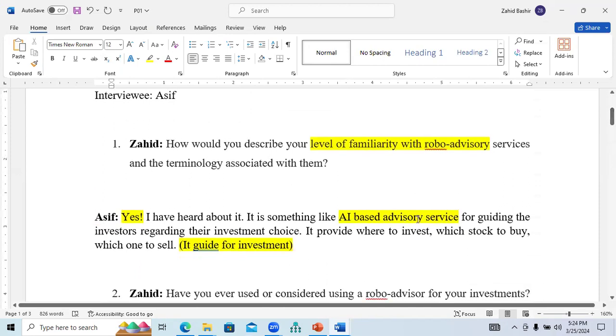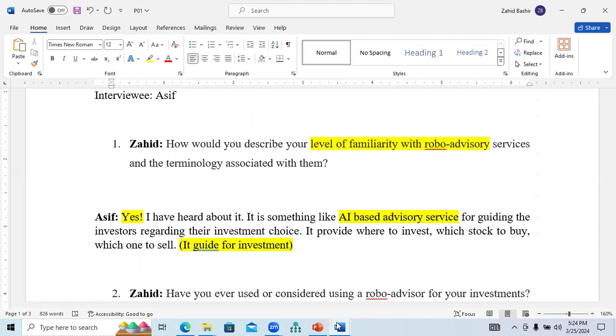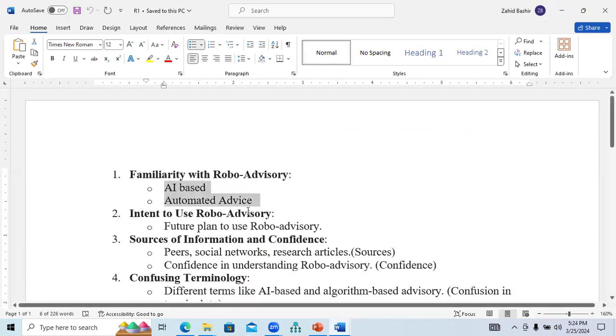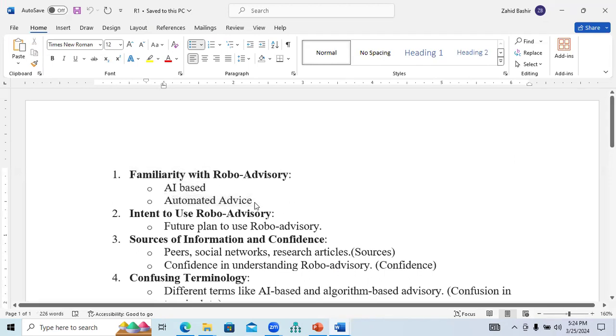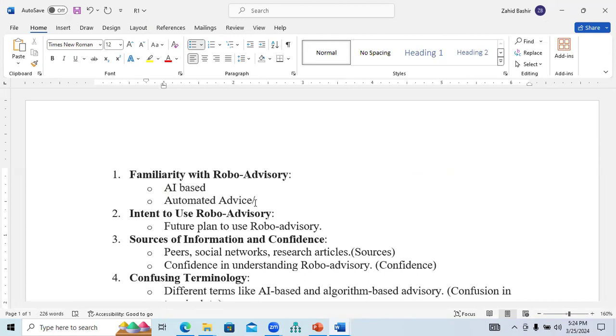It is AI based and it guides for investment automatically because it has given the option of automated advice. So I have generated two codes here from respondent one for my first question: familiarity with robo advisory, AI based and automated advice, or you can also say investment recommendation.